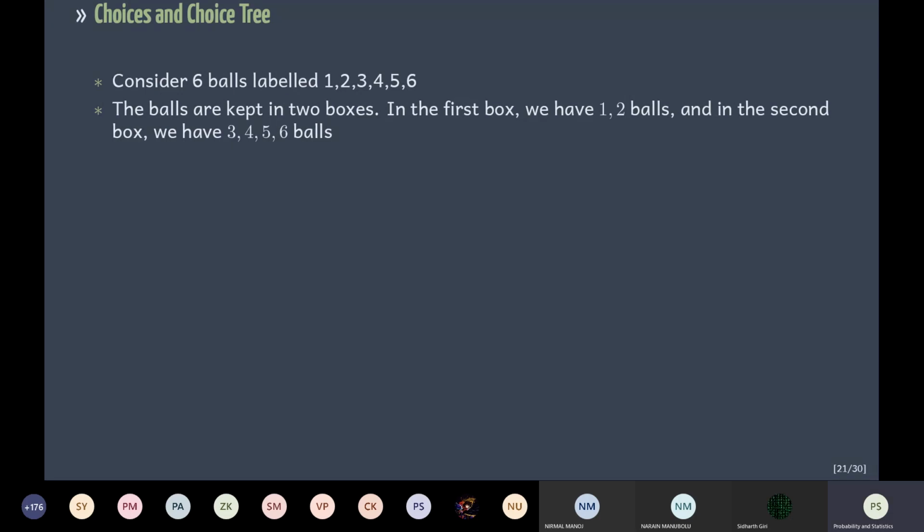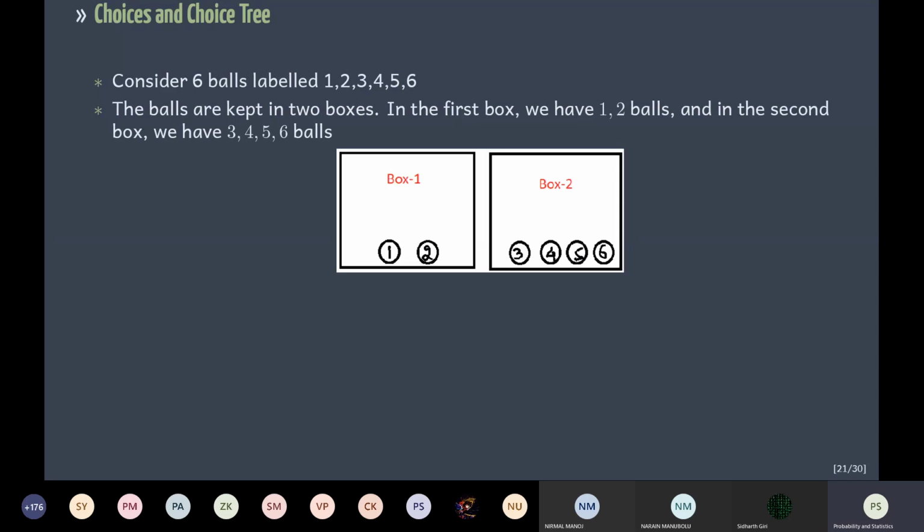In the first box we have balls numbered 1, 2, and in the second box we have balls numbered 3, 4, 5, 6. So this is the box arrangement we have.